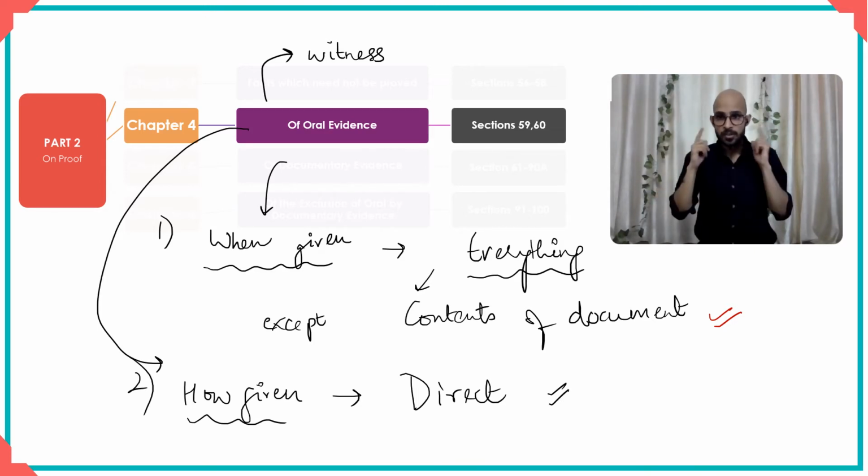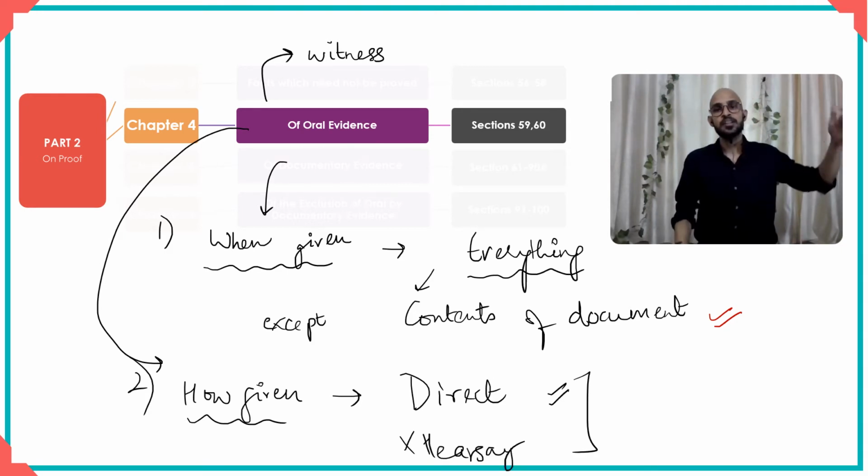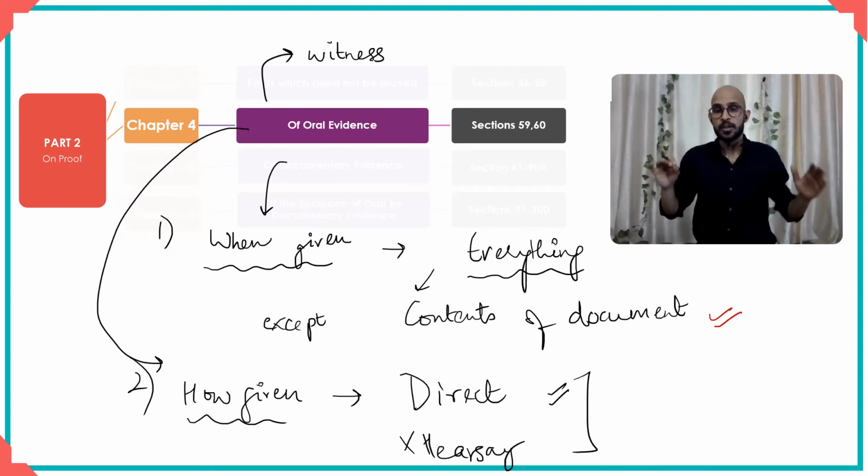If it was something that was heard, the person who heard it should come to the court to speak. It cannot be hearsay. In other words, you cannot come and talk to the court about something that someone saw and he told you, you tell someone else, and now this person goes to the court. That's not how it works. The oral testimony, which means oral evidence, needs to come from the horse's mouth.